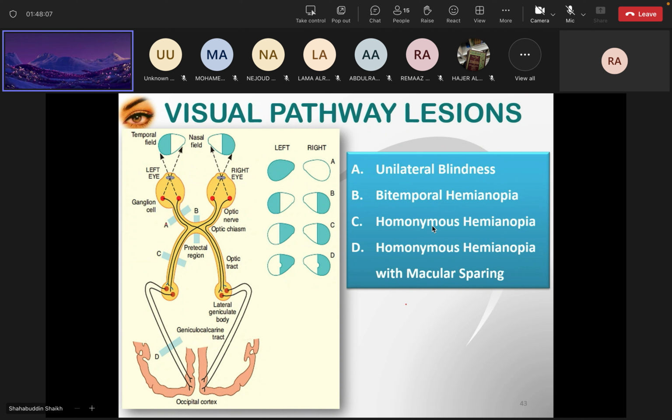What will be the effect of damage to the optic nerve? It will be unilateral blindness. What will be the effect of damage to the optic chiasma? Bitemporal hemianopia. What will be the effect of damage to the optic tract?